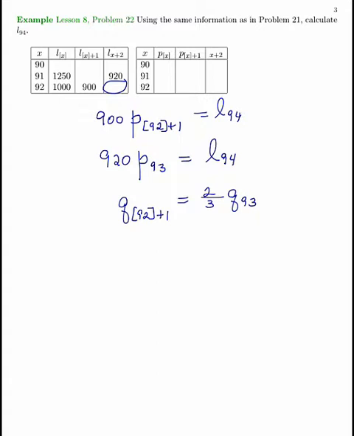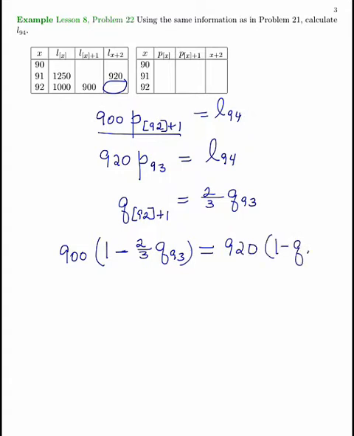So I'm going to have 900 times P92 plus 1, which is 1 minus Q92 plus 1. So 2/3 Q93. Right, that's this. And that is the same as 920 times P93, which is 1 minus Q93. And that's that. And they're both equal to each other because they're both equal to L94.